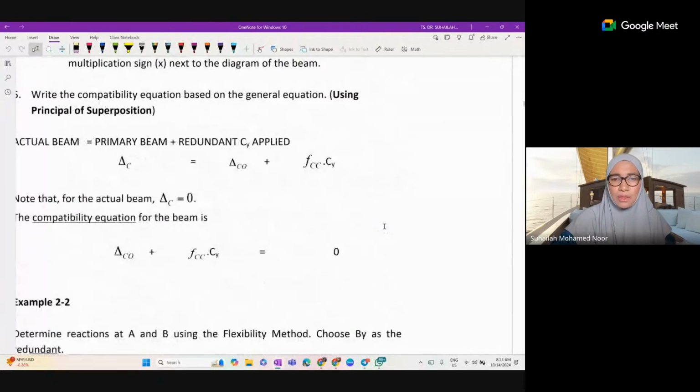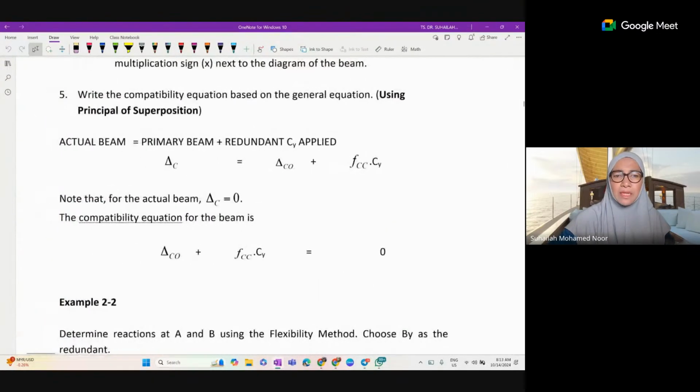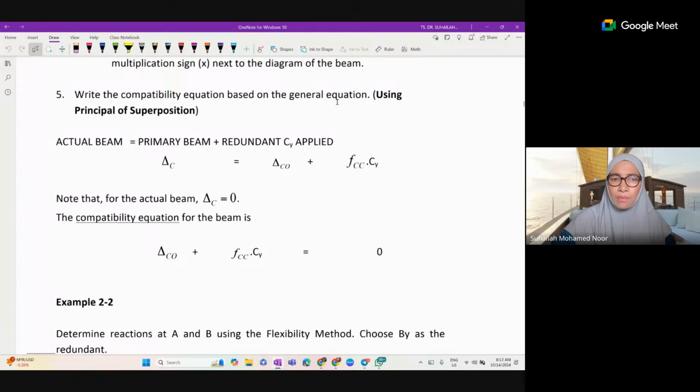So this is the compatibility equation. We write it from the principle of superposition: delta C in the actual beam, delta C naught in the primary beam, FCC times CY in the redundant beam.